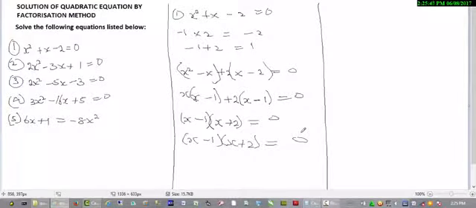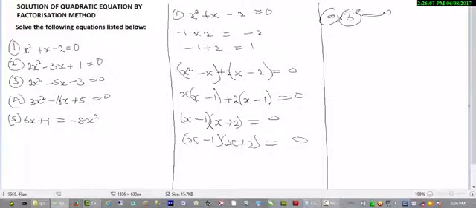Now there are criteria for a product to give you 0. If you are multiplying two numbers, for instance a times b, and it gives you 0, it is either a is 0 or b is 0.